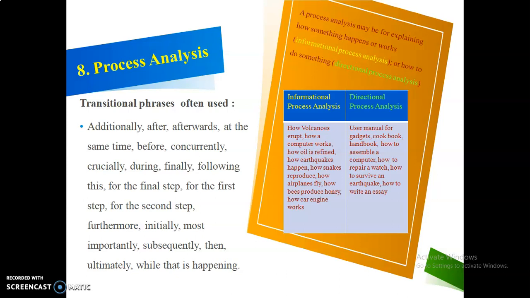Certain examples are given for informational process analysis and directional process analysis. Some examples for informational process analysis are how volcanoes erupt, how a computer works, how oil is refined, how earthquakes happen, how snakes reproduce, how airplanes fly, how bees produce honey, how a car engine works.